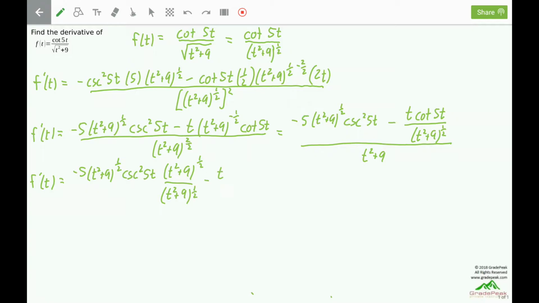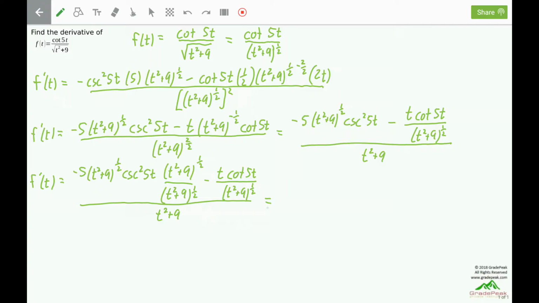And then we have minus t cotangent of 5t. I'm not going to do anything with that term, over t squared plus 9 to the 1/2, and then the entire thing divided by t squared plus 9.